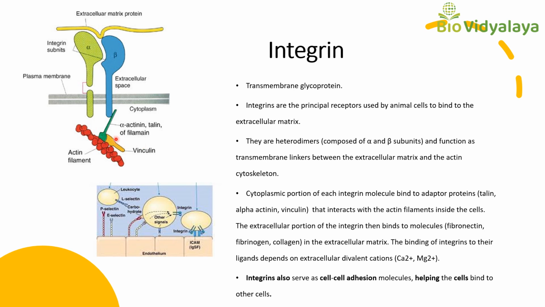That is how it is interacting with actin filament. And the extracellular portion, the N-terminal end of the integrin, is binding with fibronectin, fibrinogen, collagen in the extracellular matrix. The binding of integrin to its ligands depends on extracellular divalent cations, Ca2+ and Mg2+.